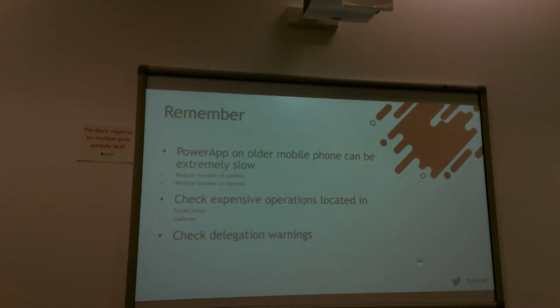And with the older phones, the only way to get some more performance is to reduce the number of screens or the number of controls. If you have one huge application, you can divide it, for example, into several separate applications.